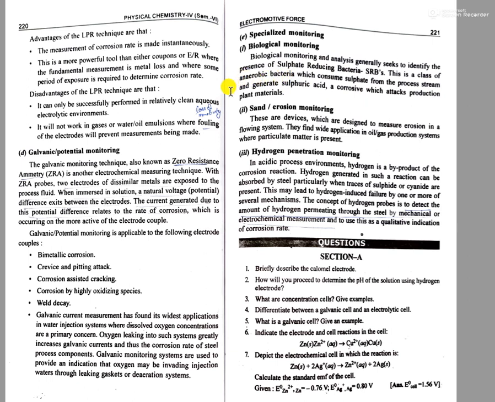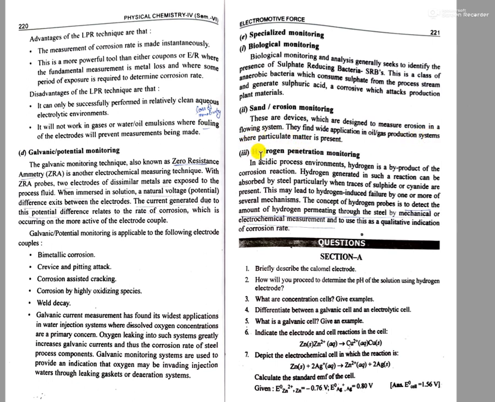Plant here refers to the industrial parts. And there is also sand or erosion monitoring. These devices are designed to measure erosion in a flowing system, and they find wide application in oil and gas production systems where particulate matter is present.